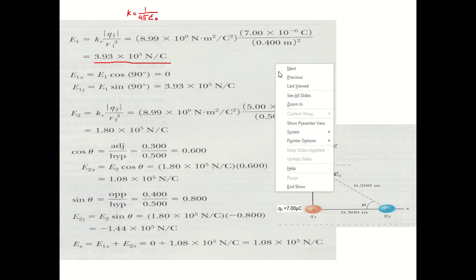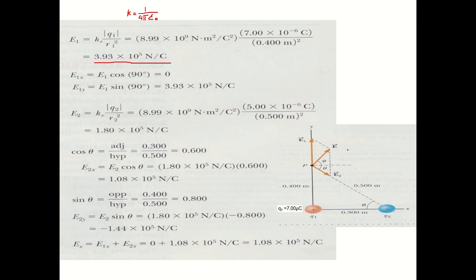So it gives us 3.93 times 10 to the 5 Newton per coulomb, which is just the same as this. So it has no horizontal component, but it's vertical. In other words, our E1, meaning the electric field at this point, is just equal to its vertical component.